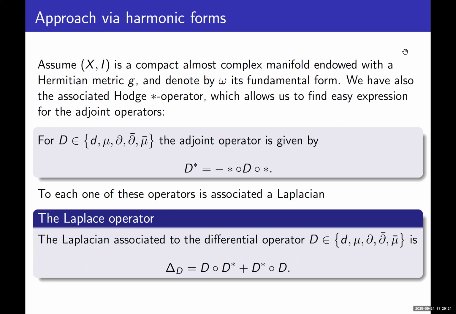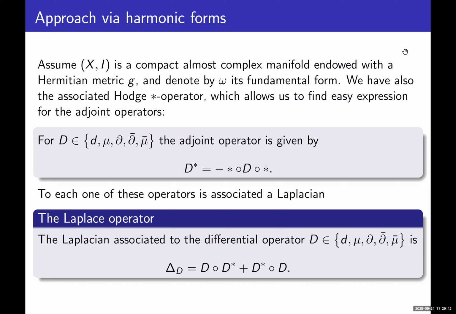Since if we now introduce the metric g, a Riemannian metric which is compatible with the almost complex structure I, so that it's a Hermitian metric, we have the fundamental form omega, and we have a bunch of operators.